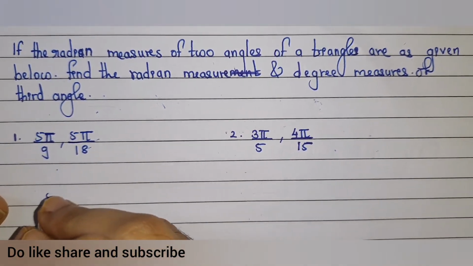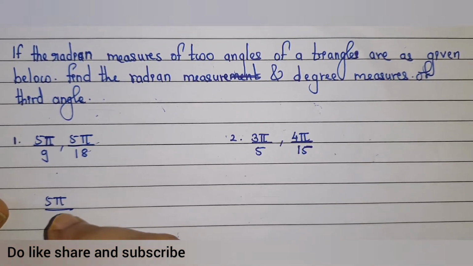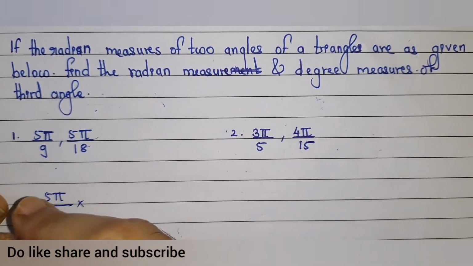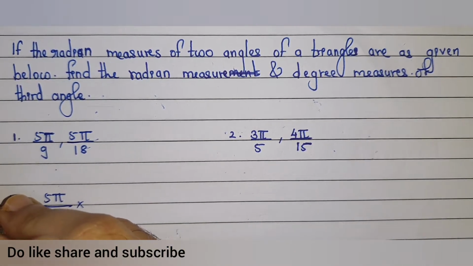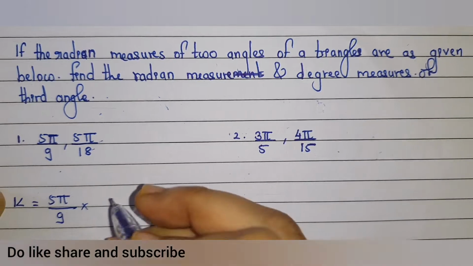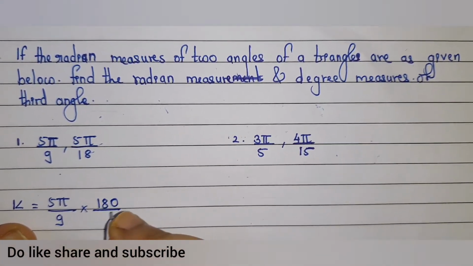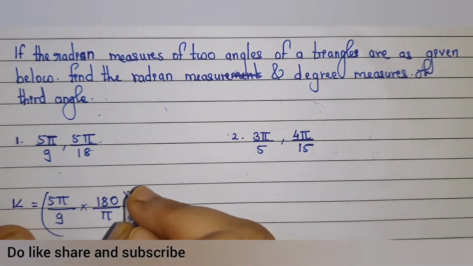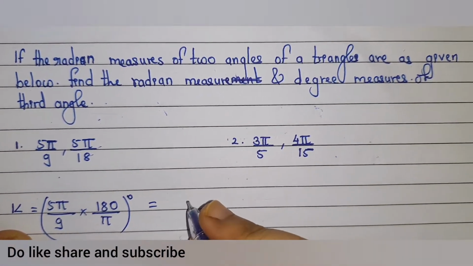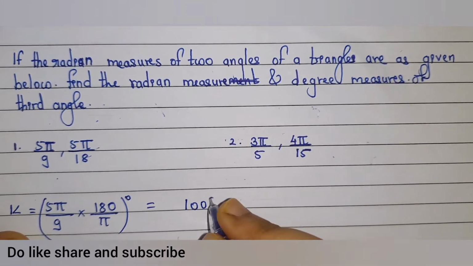So we have to write that first angle is equal to 5 pi by 9 into 180 by pi. So it will get converted into degrees, that is equal to 100 degrees.